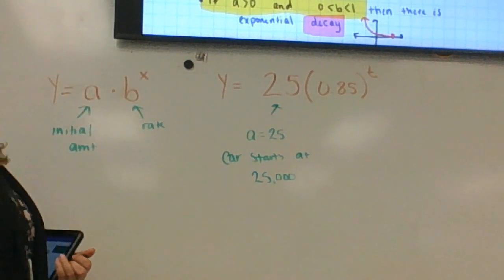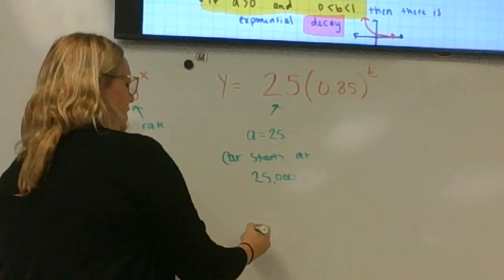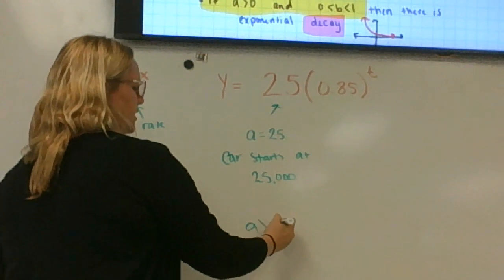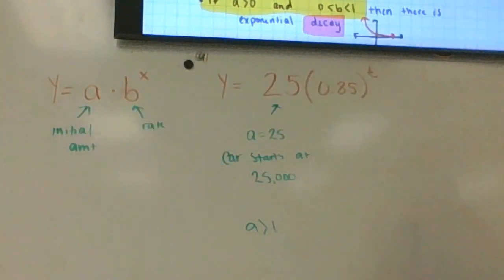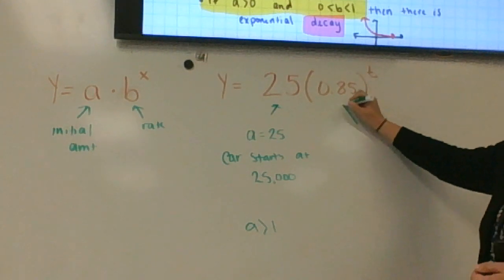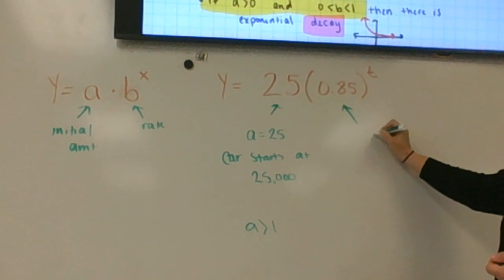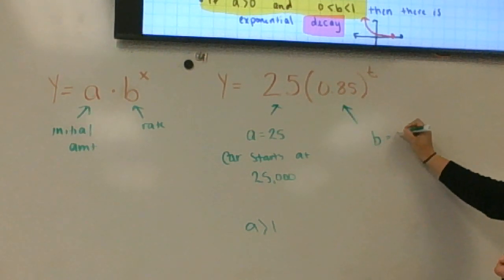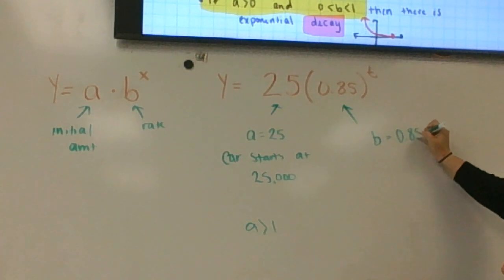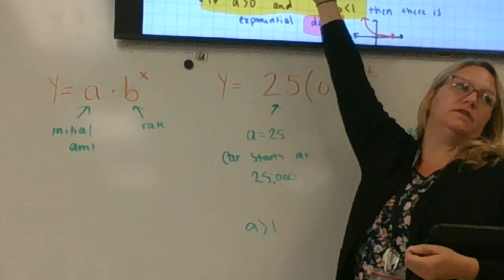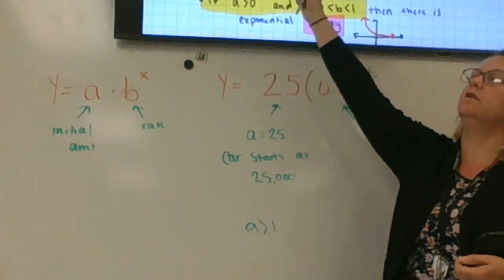Okay, and these qualifications is A greater than 0. So A is definitely greater than 0. Okay, so then this is the B value, 0.85. If it's growth, B is greater than 1.